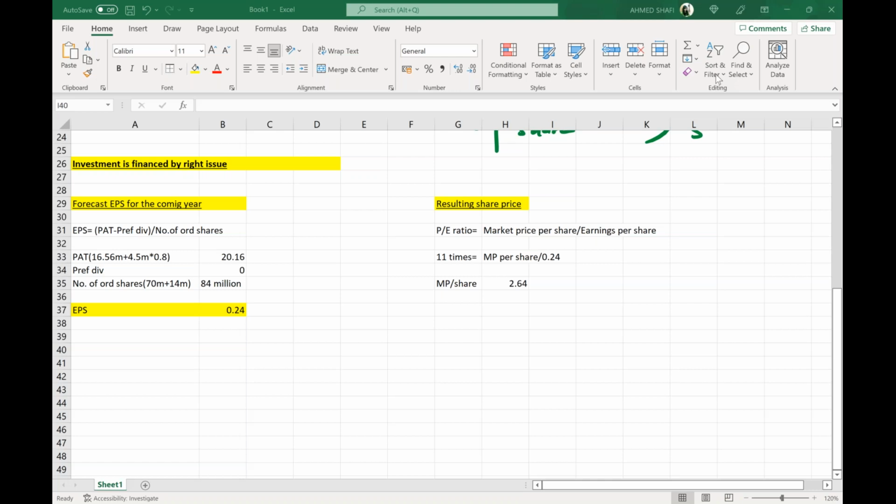You are asked the share price for the coming year. Amna and Noman, you both are making the same mistake. So let me solve it through your method so that you get clarity. Please wait a minute. I have given both of you the easy form, but you are making your life difficult by doing the other form. So we will solve through your format as well. Don't worry.